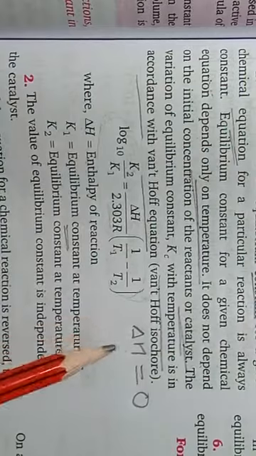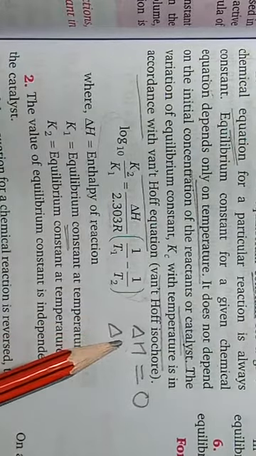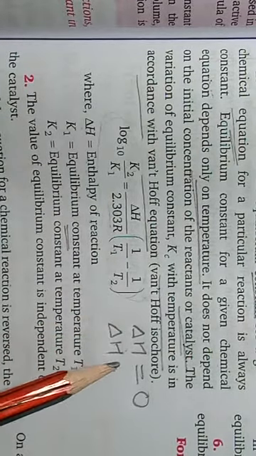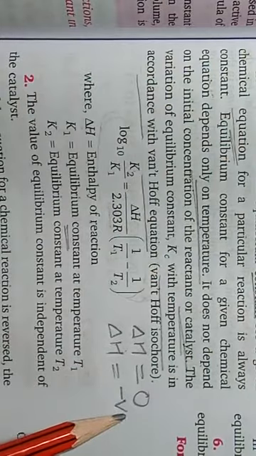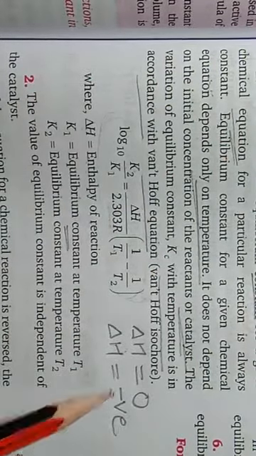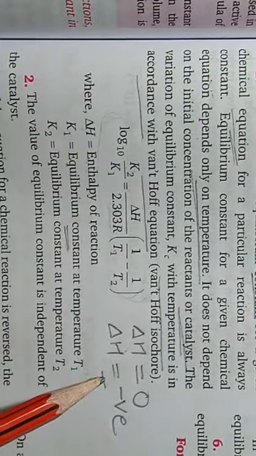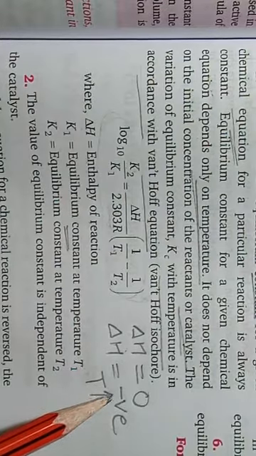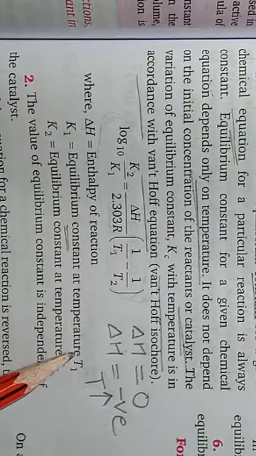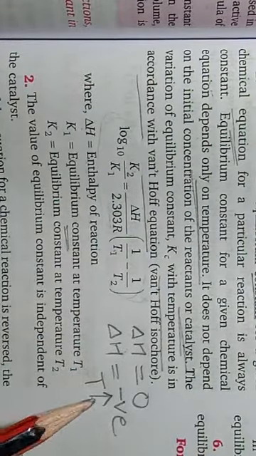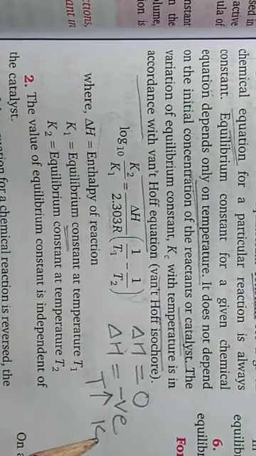Now if delta H is negative, the reaction is exothermic in nature, and if we increase the temperature, the value of K will decrease.